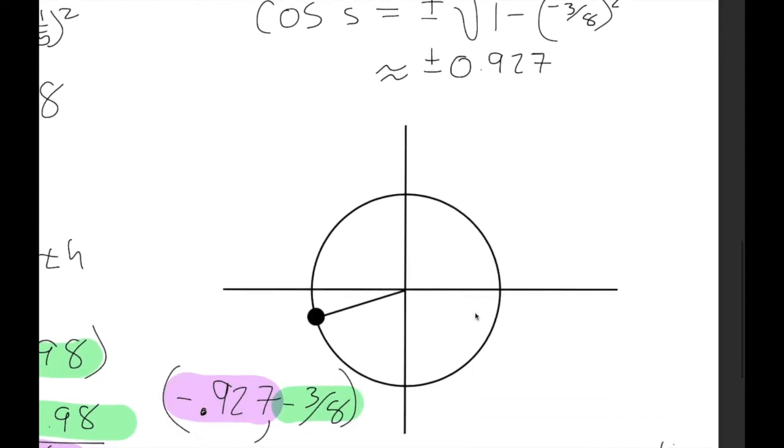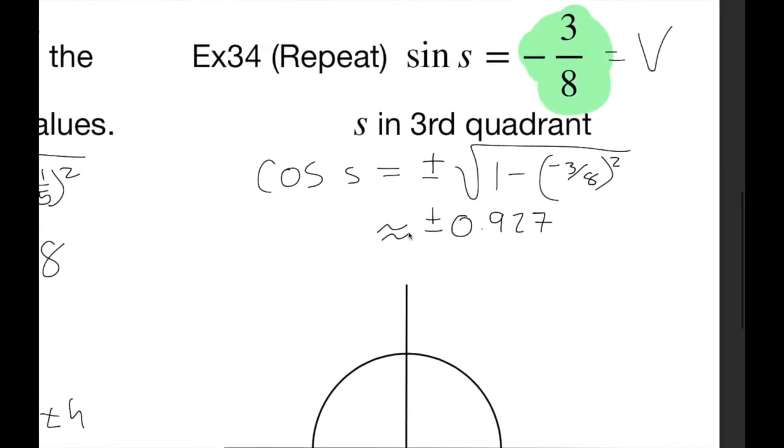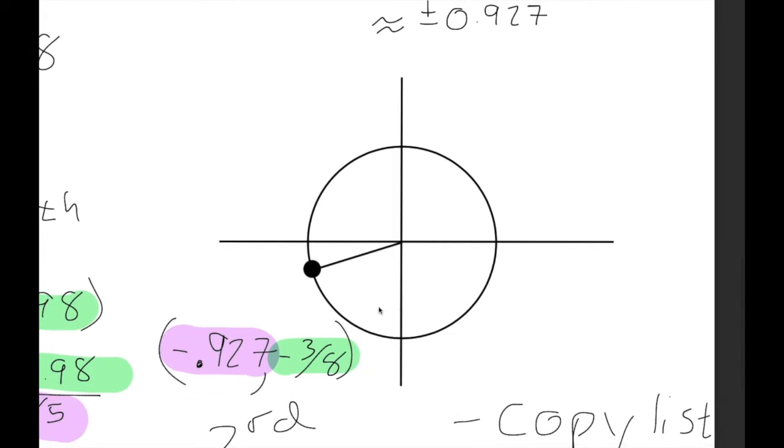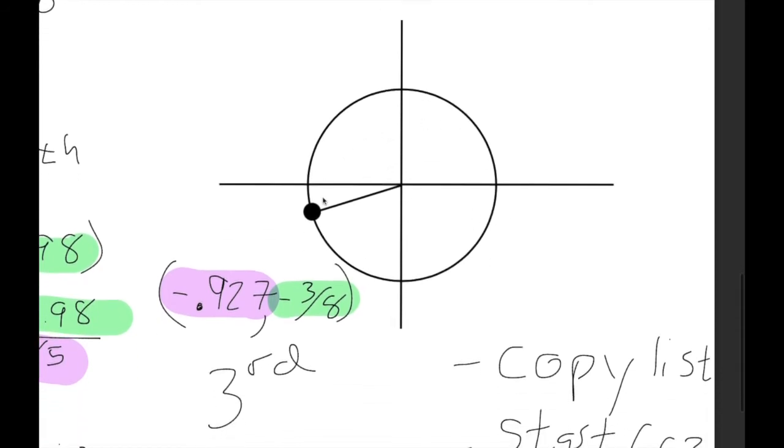You can draw a unit circle and plot the points plus 0.927 and negative 3/8, and minus 0.927 and negative 3/8. One of them would be here, and one of them would be here, but we'll take the one that is in the third quadrant, which is right here.